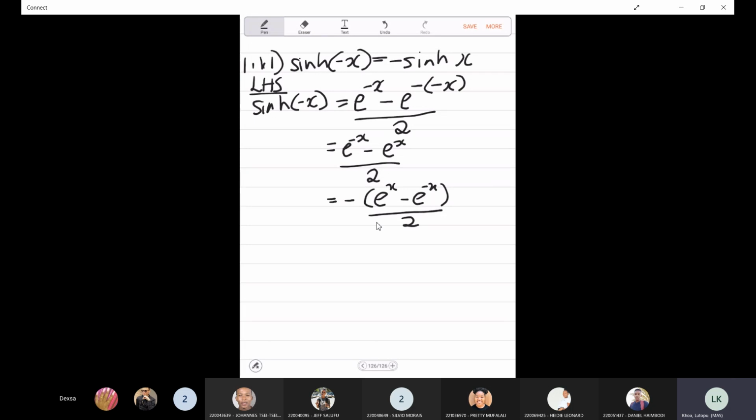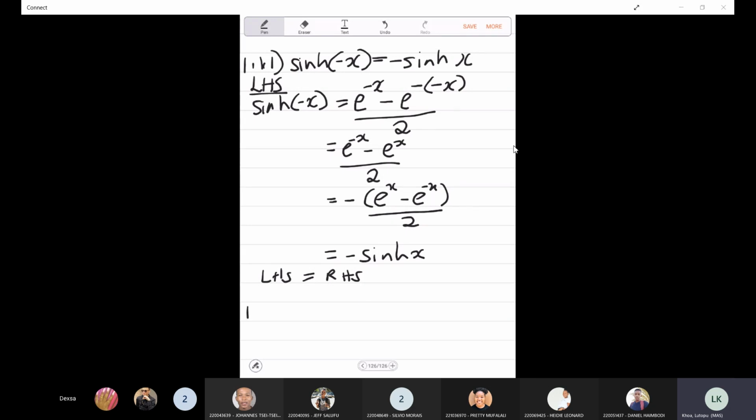Now we know that this part over here is equal to the hyperbolic sine, so this is minus the hyperbolic sine of x. So you can see that our left-hand side is equal to the right-hand side. With that one, nothing too difficult to do there.